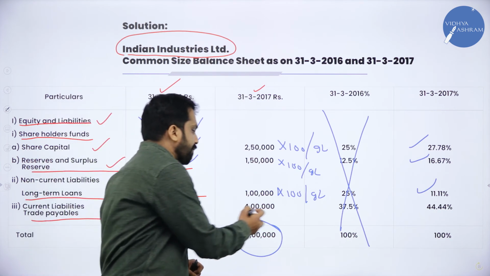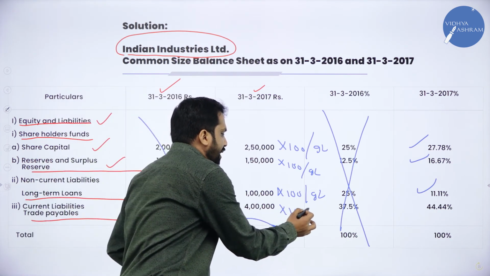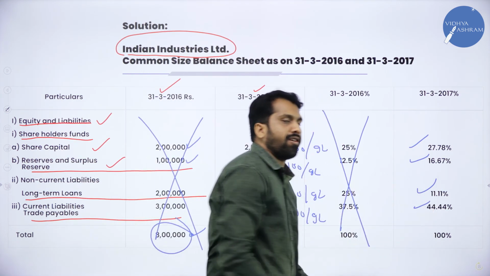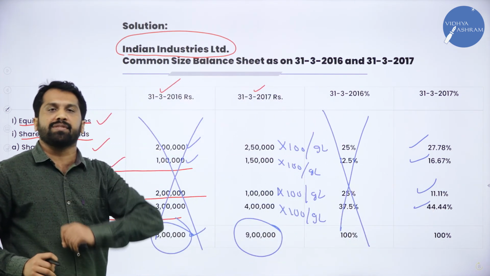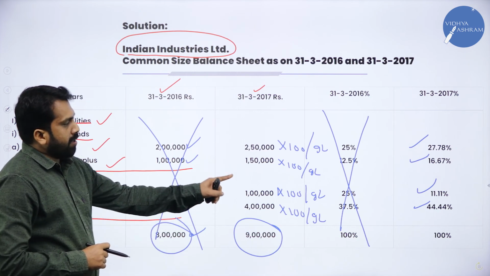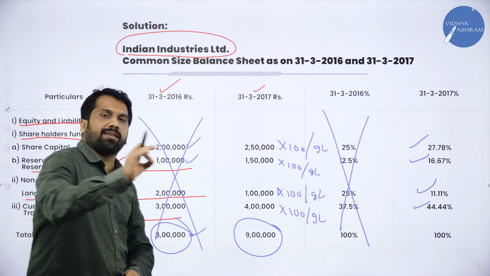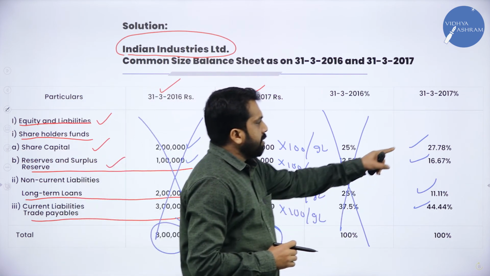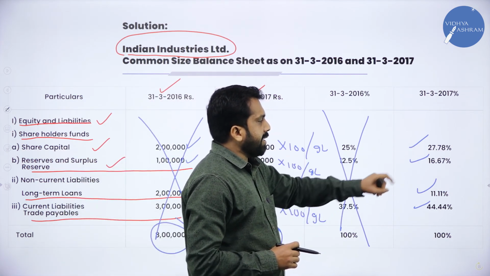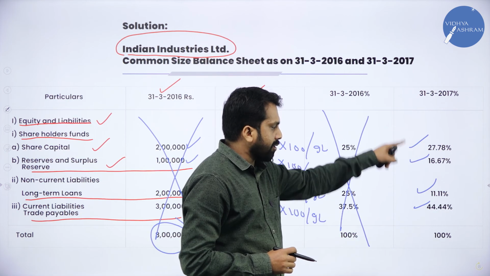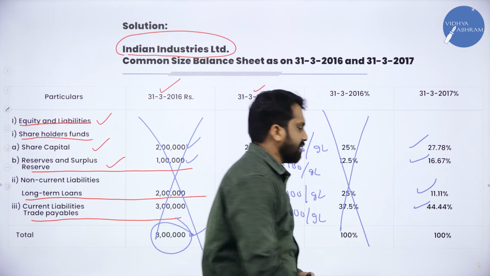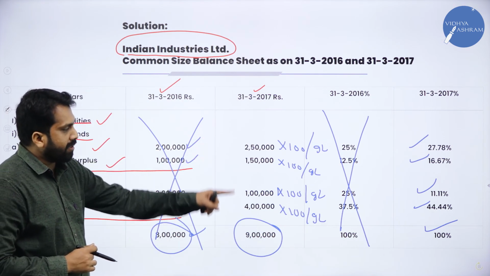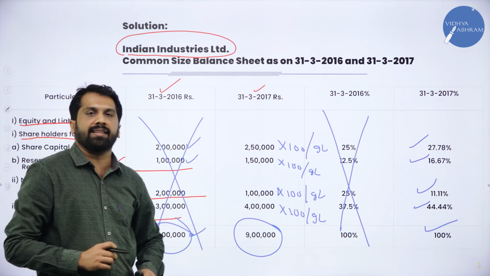The last one, 4 lakh multiplied by 100 divided by 9 lakh. Your answer is 44.44%. Now, how to verify whether your answer is correct or wrong? Simple. 27.78 plus the rest, your total must match 100. Clear? Like this you have to calculate.